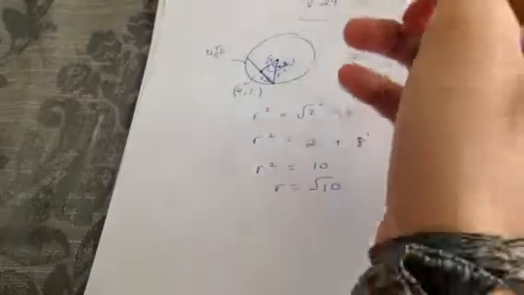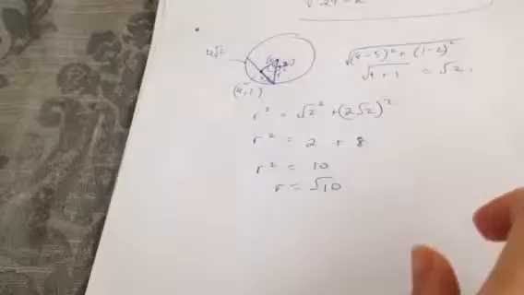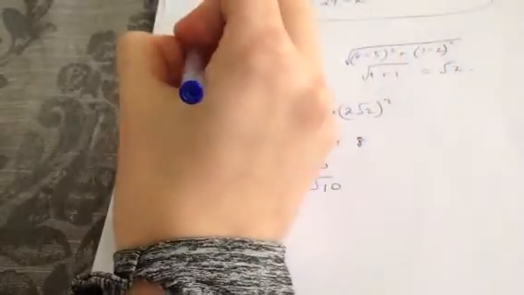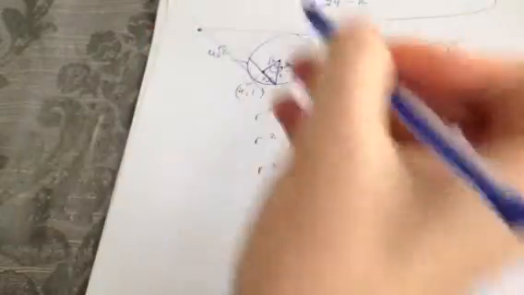Then they want me to find the slopes of the tangents to C from the point minus 2, 1. So that means that minus 2, 1 is away from my circle and I'm looking for the tangents.